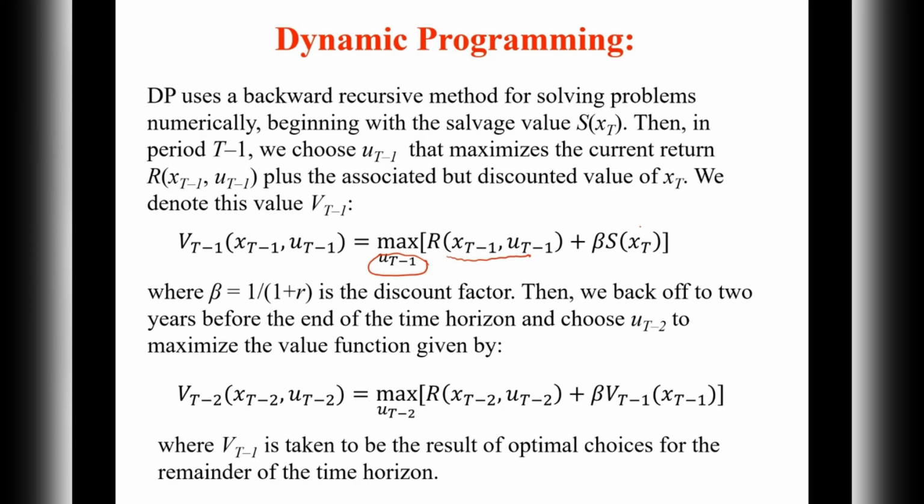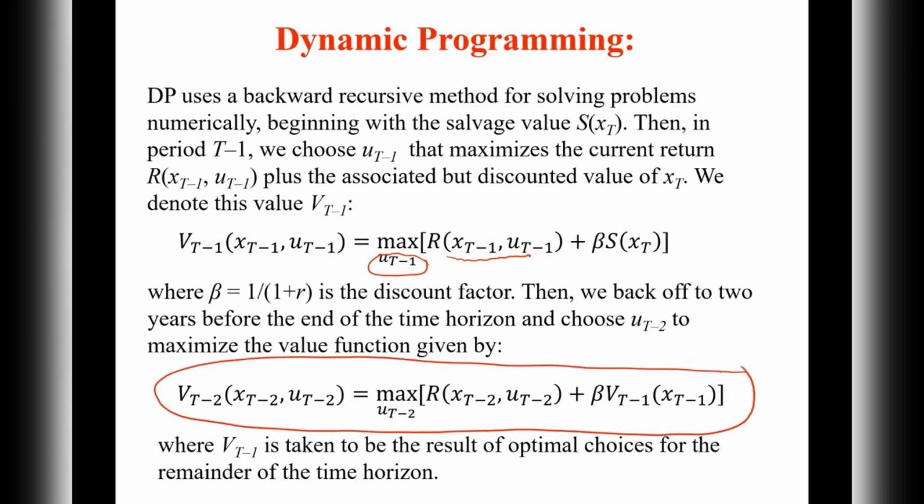So then we back off to 2 years before the end of the time horizon, and now we choose a decision variable at time big T minus 2 to maximize the value function given by this expression down below.